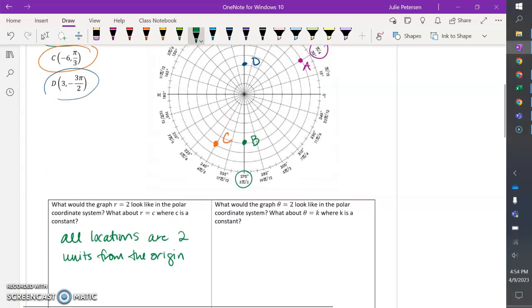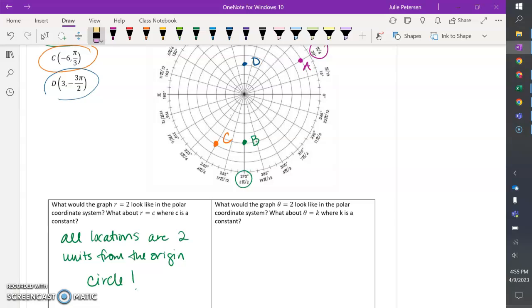So we need every location that's 2 units from our origin. All these points would give me an r value of 2. So for all the points where r equals 2, we've got a circle. Pretty straightforward. If r equals c, then c is just going to be the radius of that circle.